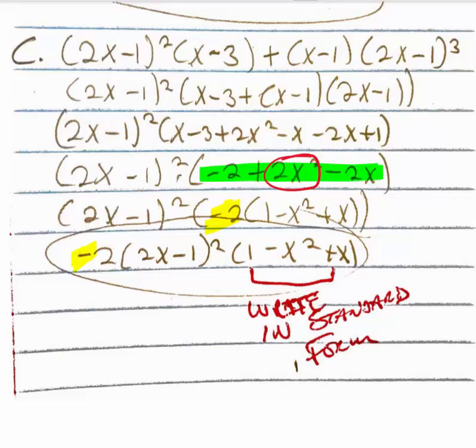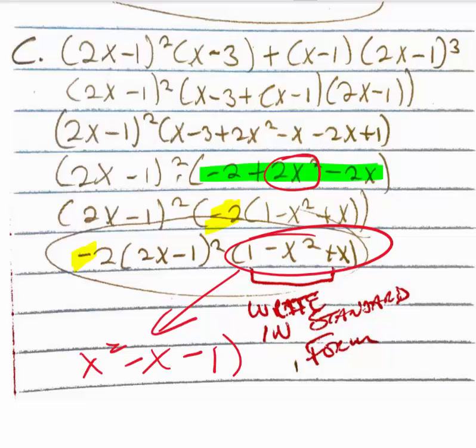Your third term should be correctly written as x squared minus x minus 1 in parentheses. The 2 on the front would be positive, and then you'd have your 2x minus 1 term. So your three terms together would be 2 times quantity 2x minus 1 times quantity x squared minus x minus 1. Just be careful writing that in standard form.